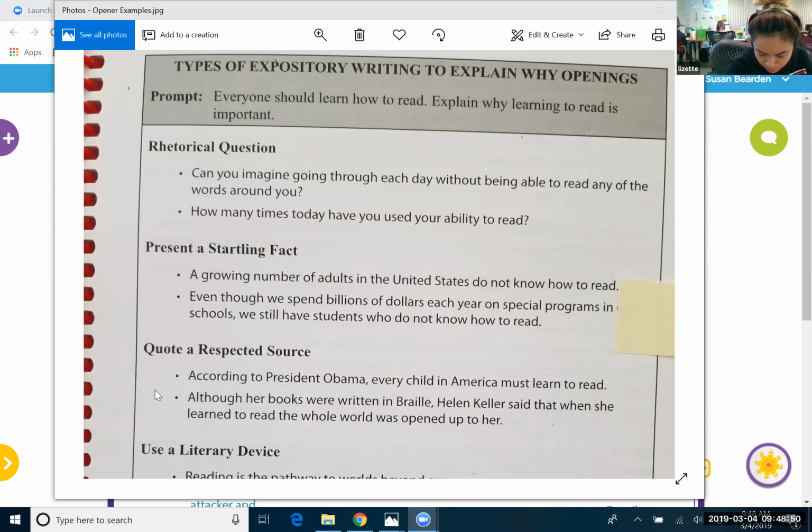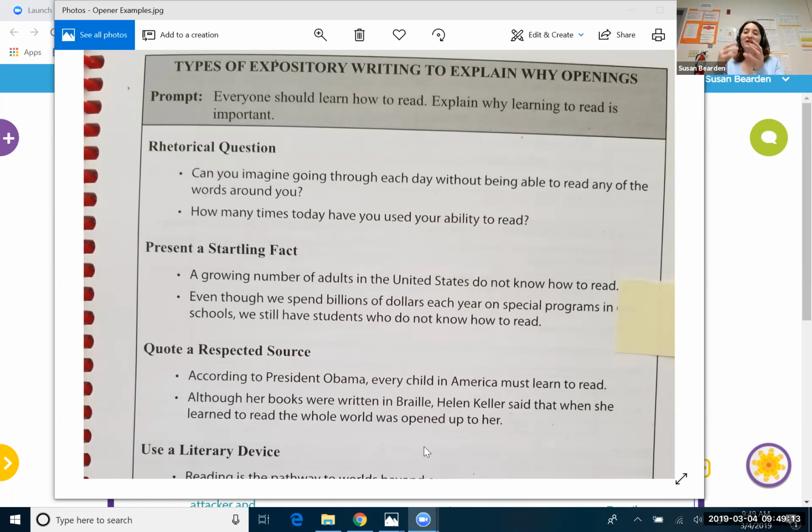All right, let's look at the second example of a quote. It says, although her books were written in Braille, Helen Keller said that when she learned to read, the whole world was opened up to her. I like this because this is an inspirational quote about an author, kind of an example of something you might find in your readings, right? But it's put into the writer's own words.